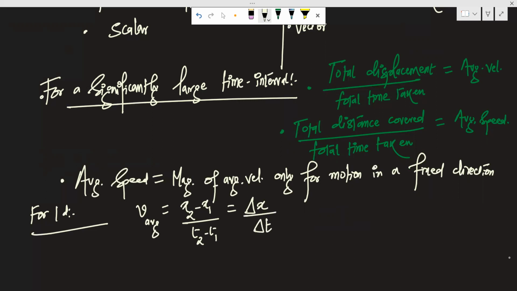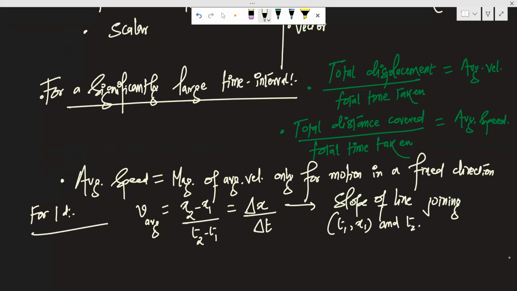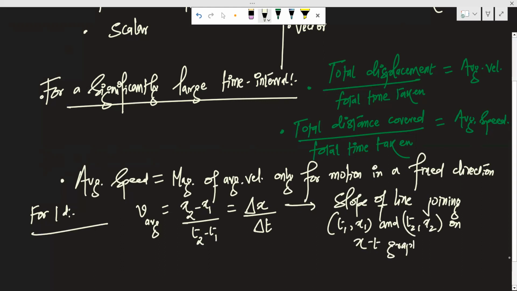Now geometrically, whenever we write change in y coordinate by change in x coordinate, it gives us the slope of the line joining the given points, that is, the points (t1, x1) and (t2, x2) on the position-time graph, the x-t graph, because time is on the x-axis and position is on the y-axis.